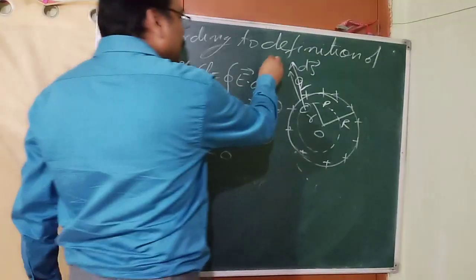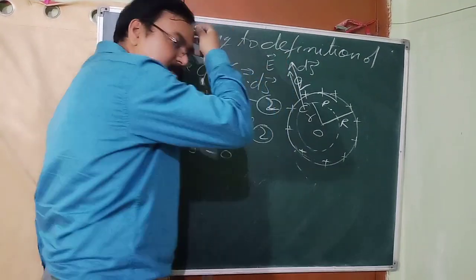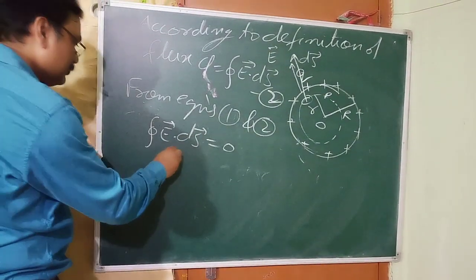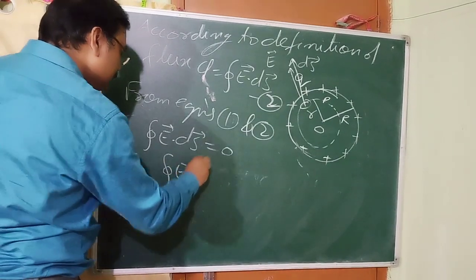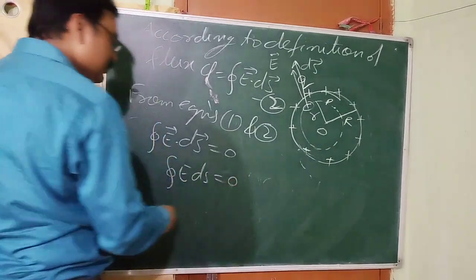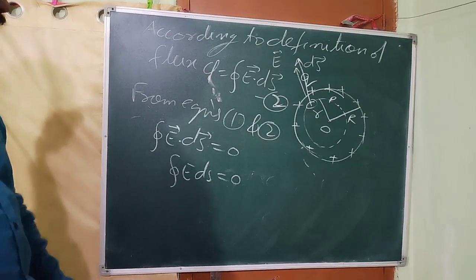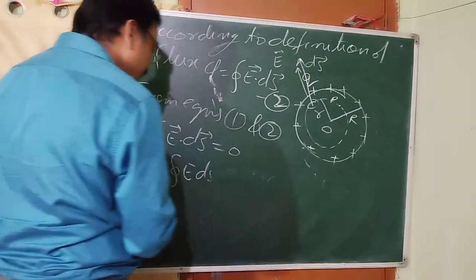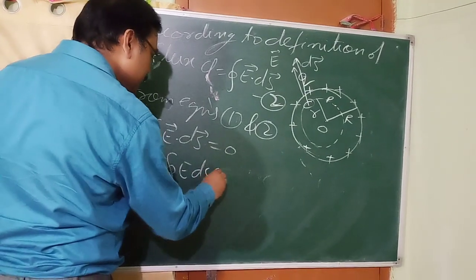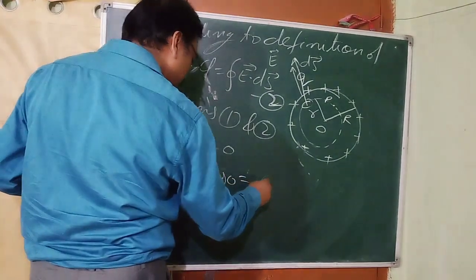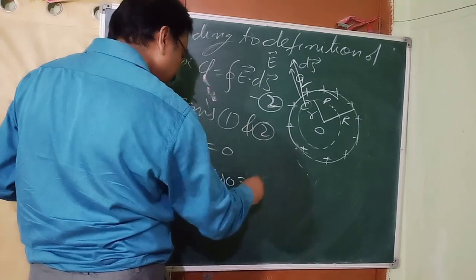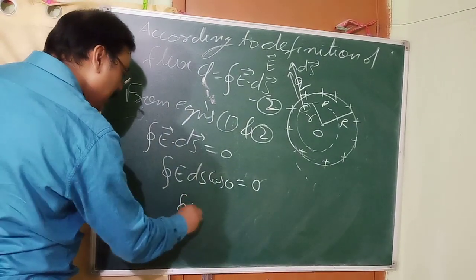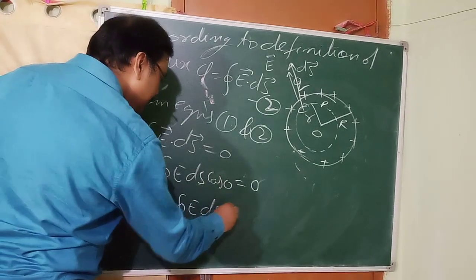So the angle between them is 0. So no problem, we can write E ds cos 0 is equal to 0. Cos 0 is 1, so we get E ds is equal to 0.